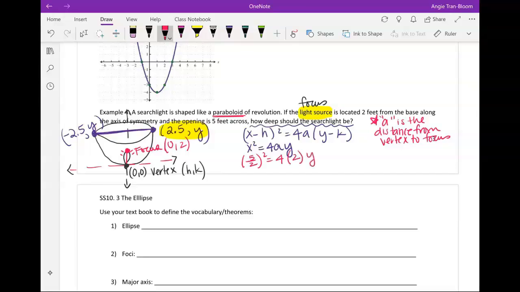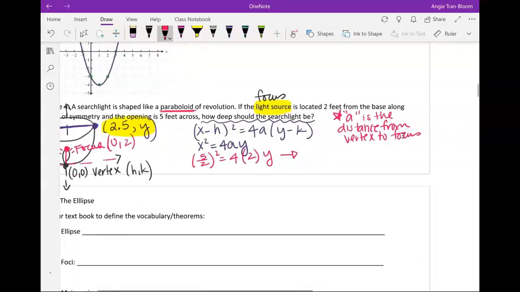So 5 over 2 squared, that's going to give me 25 over 4 equals 8y. To get rid of 8, we will multiply both sides by 1/8. 1 over 8. And y now comes out to be 25 over 32 feet.